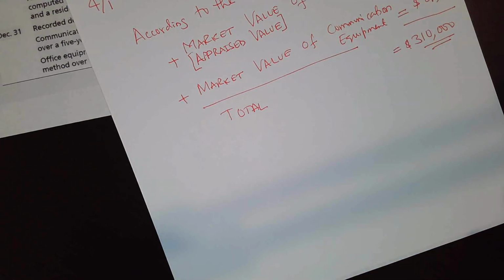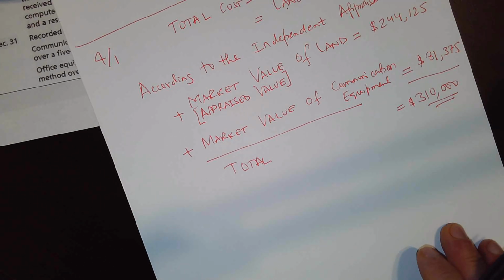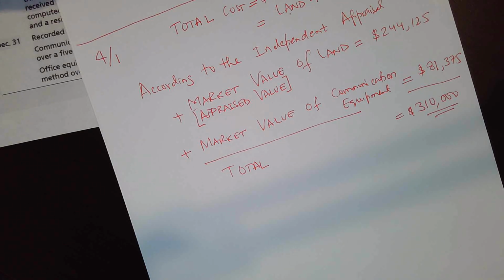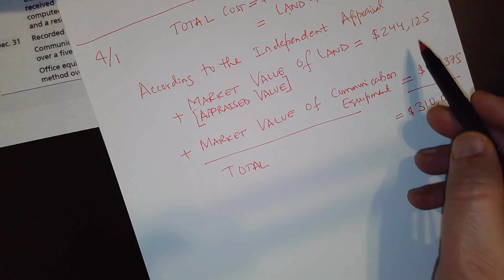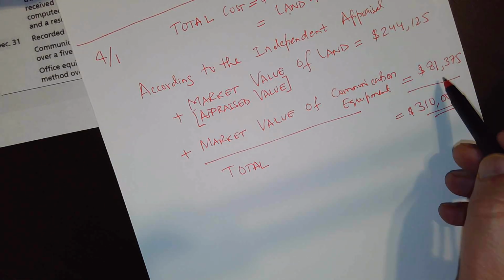As we have studied in this chapter, when we are given a lump sum value, we have to calculate the book value that we are going to enter in our books. So we cannot enter 244,125 or 81,375.